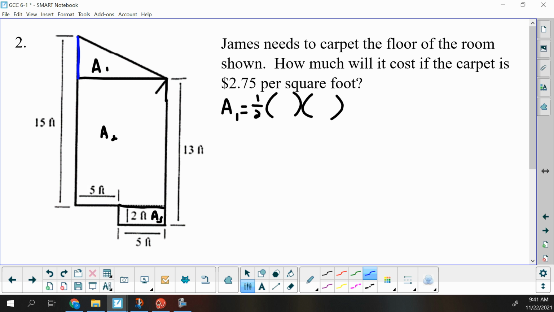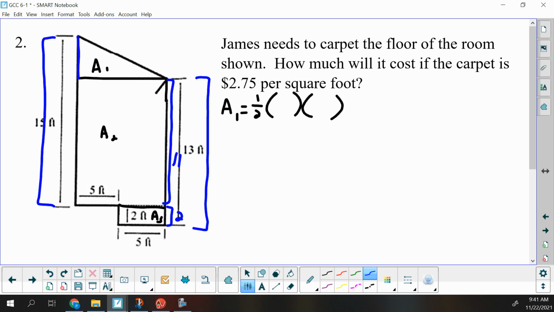But let's see if we can piece this together. This whole thing they told us was 13. This part they told us was 2. That means that this part would be 11. Well, this whole thing was 15. This part of it was 11.